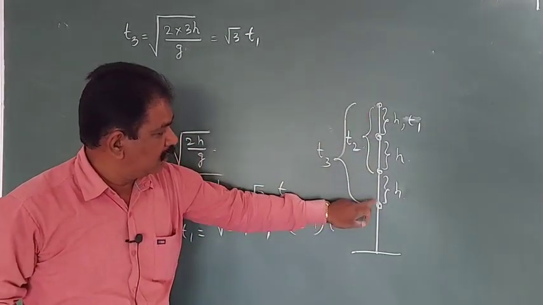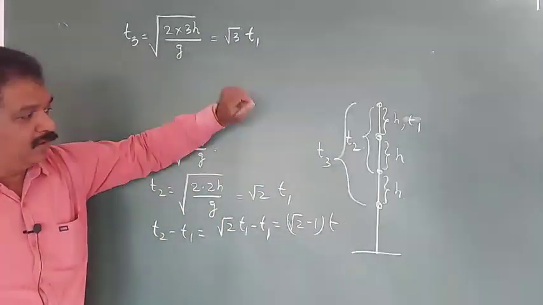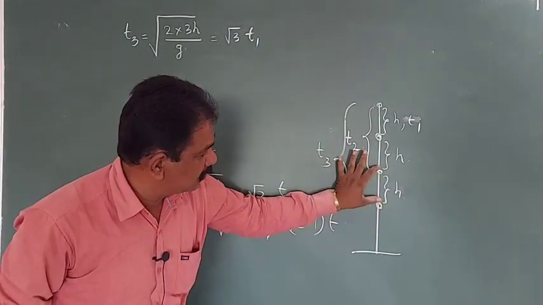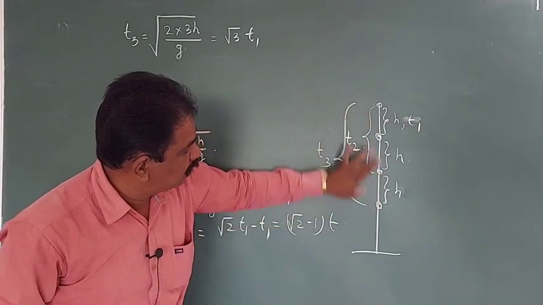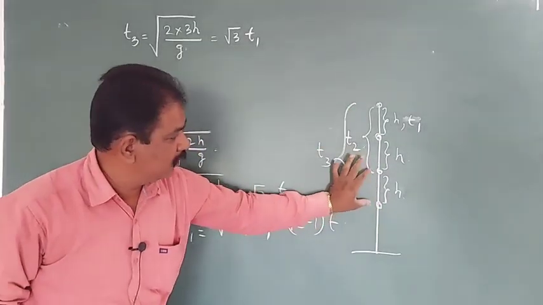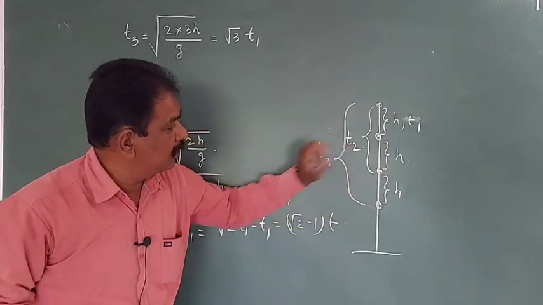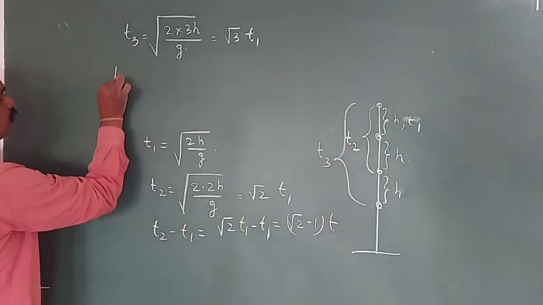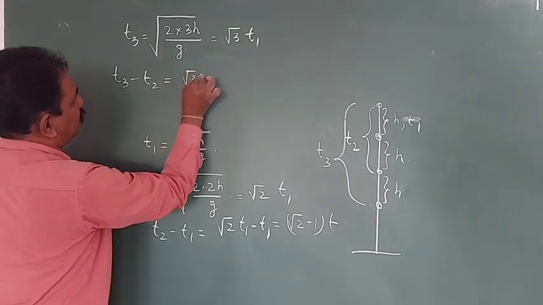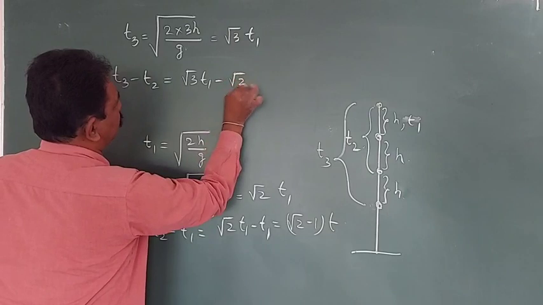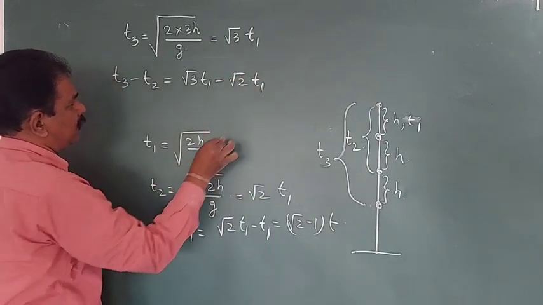Here to here, how much time? Root 3 into T1. Up to here, how much time? T2. Up from here to here, T3. This gap, T3 minus T2, is equal to root 3 T1 minus root 2 T1.